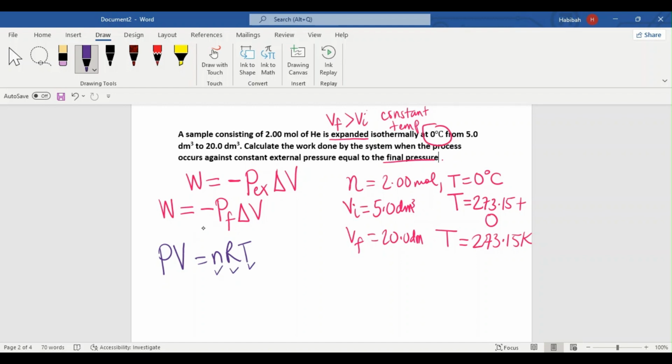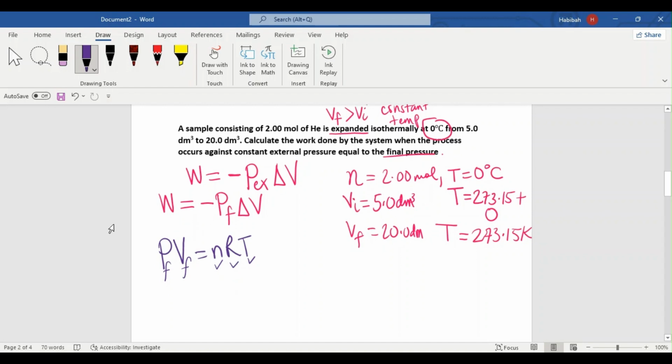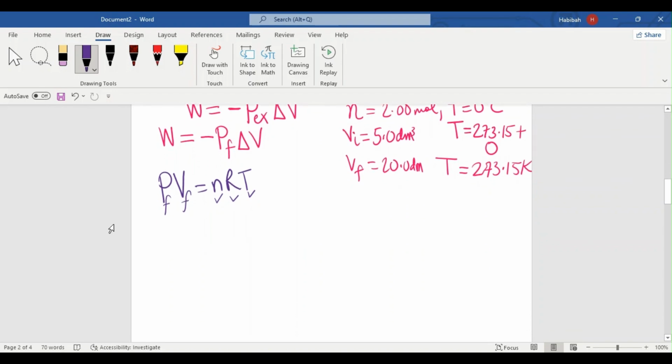The only thing that really changes is that we have an initial volume and a final volume, and our question is telling us to look for the final pressure. So we have P final, and we put F for the final volume because we're dealing with the final part of the process.